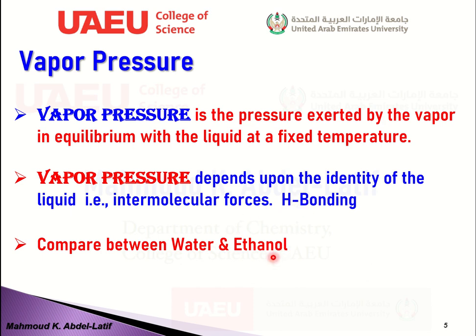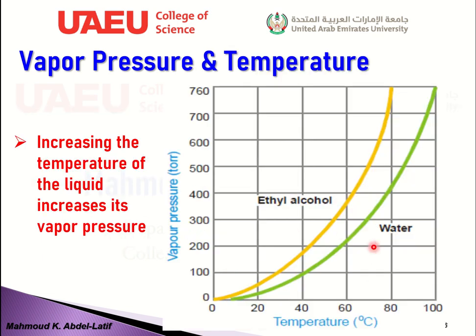So it's easy for the molecules to vaporize, to evaporate and convert to the gaseous state. That's why the vapor pressure of ethanol is higher than the vapor pressure of water. I'm going to show that in some graphs later on, in the next slide.